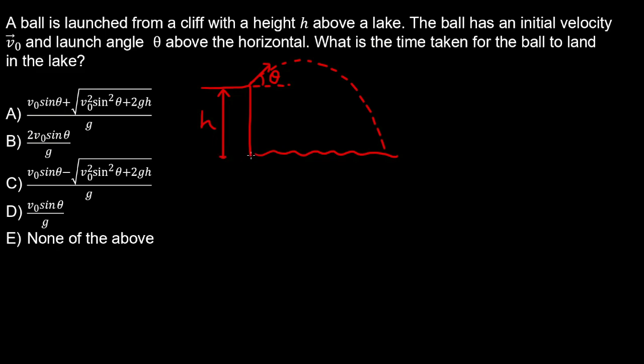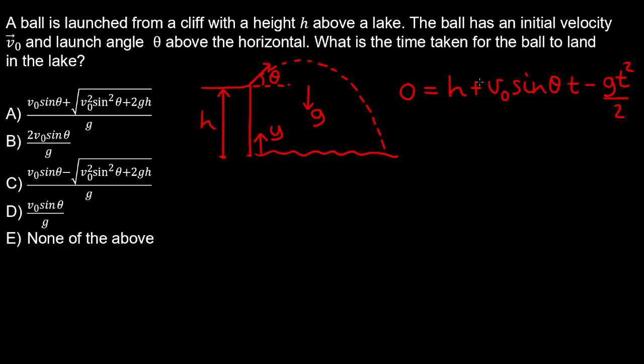So we know the final position of the ball is at y equals 0, and that's equal to the initial position plus the vertical component of the launch velocity, which is v0 sine theta, by time t minus the gravitational acceleration by the time squared on 2.